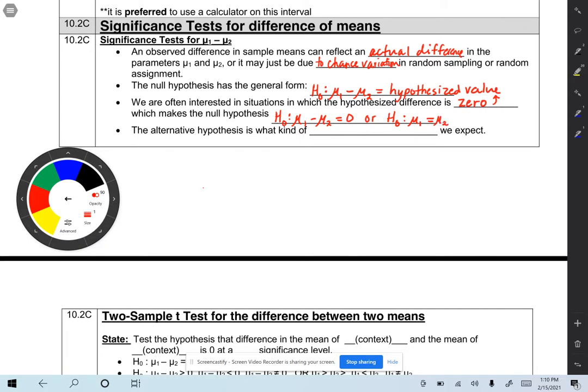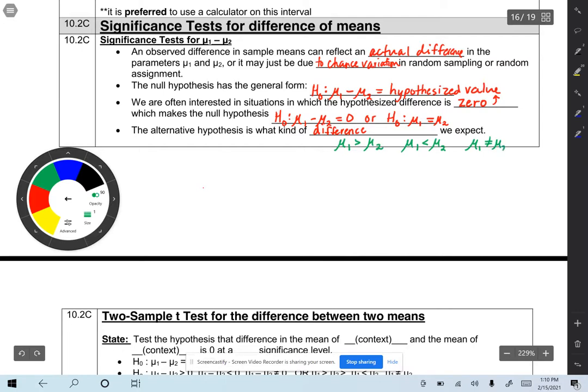The alternative hypothesis is what kind of difference we expect, so if there were a difference. And so it can take on many forms. It can look something like this. So you can say the mean of the first is greater than the mean of the second group, or the mean of the first is less than the mean of the second, or even that they're different from each other.